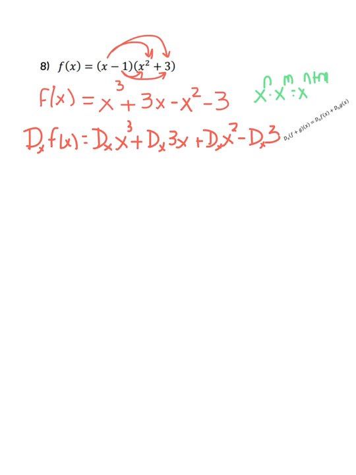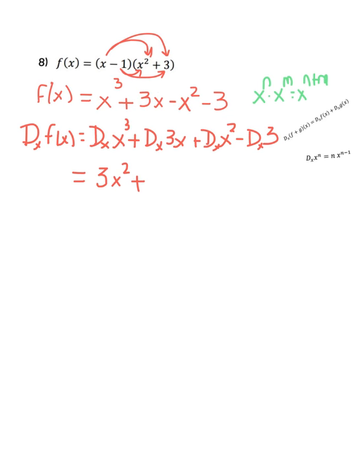And then the derivative of x cubed, which is 3x squared, and it is the power rule, plus 3 times the derivative of x plus 2x minus the derivative of 3. I'm doing it in steps so you can understand.